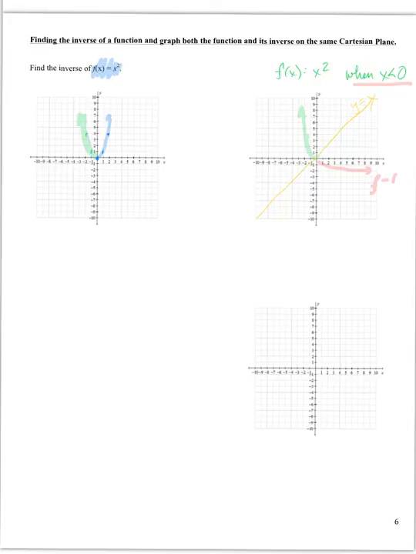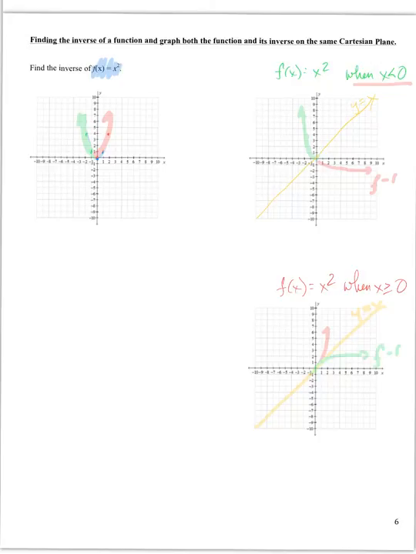Now, what if I look at this piece? For this piece, I have f of x equals x squared when x is greater than or equal to 0. If I reflect that piece across the line y equal x, I'm going to get something that looks like this.